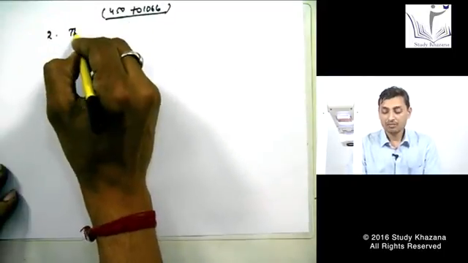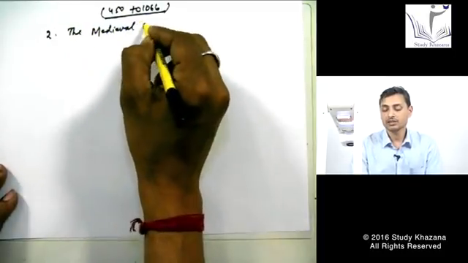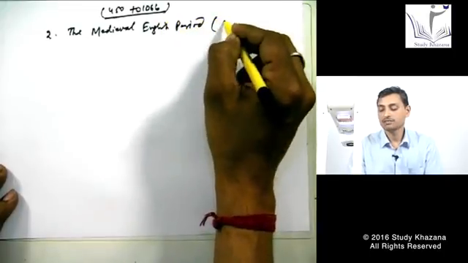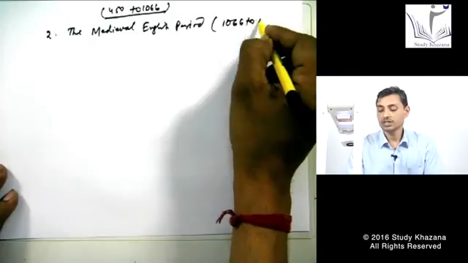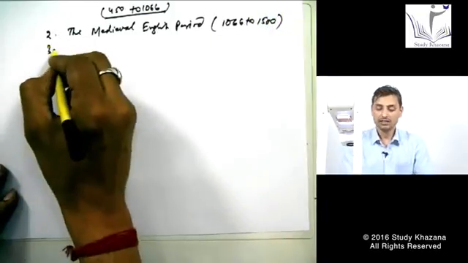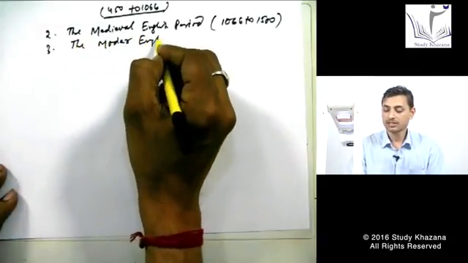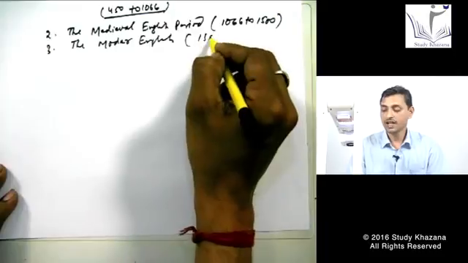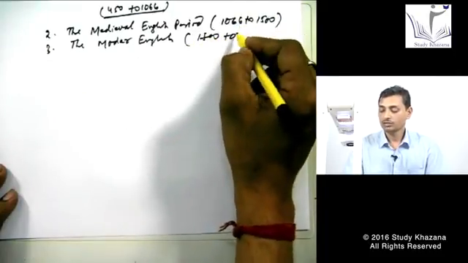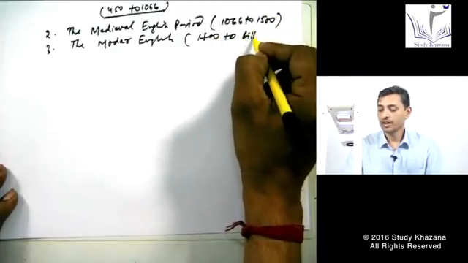Secondly, we have to discuss the medieval English period. This spans from 1066 to 1500. And the third one is the modern English, which spans from 1500 till date.